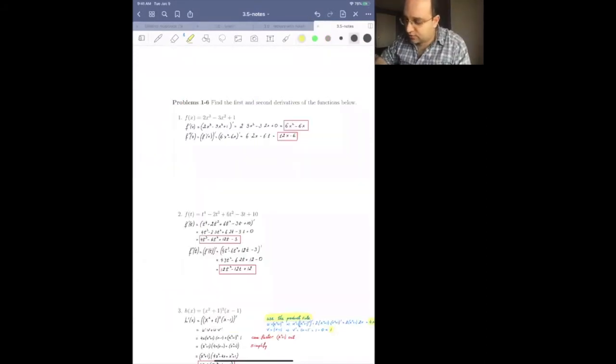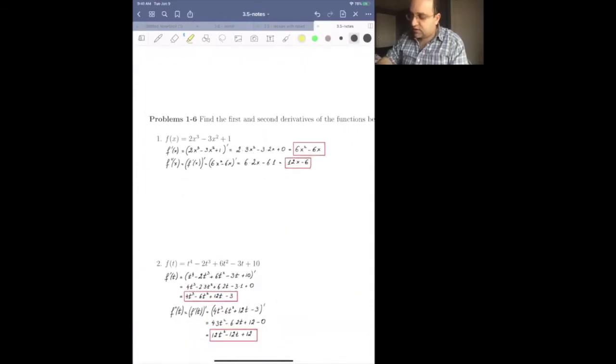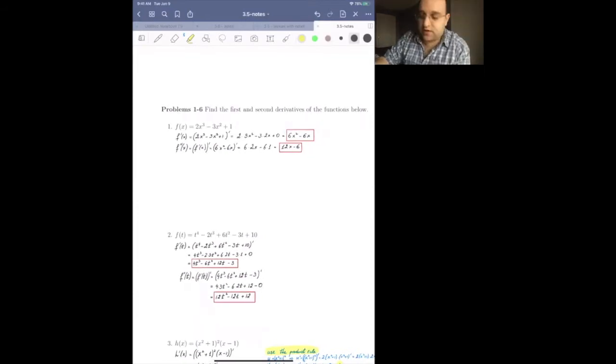Next we're going to do several examples calculating the first and second derivatives of a function. The first example is to calculate the first derivative of this function, which is just a polynomial of degree 3: 2x to the power 3 minus 3x squared plus 1.